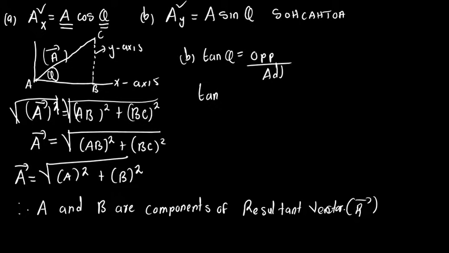Now look at this. Tan theta is going to equal, which one is the opposite? The y-axis. So it's going to be the vector component in the y over the adjacent, in this case is simply this one, the component in the x. Now look at this. We want to find theta.